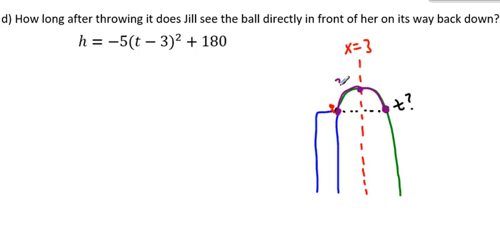So if it took 3 seconds to go up, and then 3 seconds to go back down to the original height, then it must have taken 6 seconds for the ball to be thrown up and come back down to where Jill can see it directly again. So the answer is 6 seconds, and we found that through symmetry.